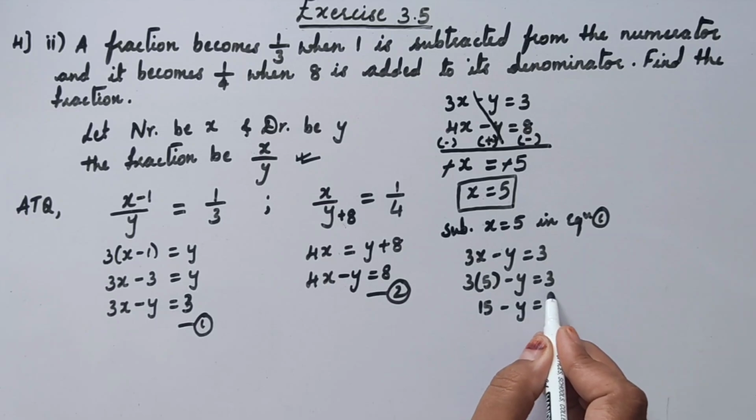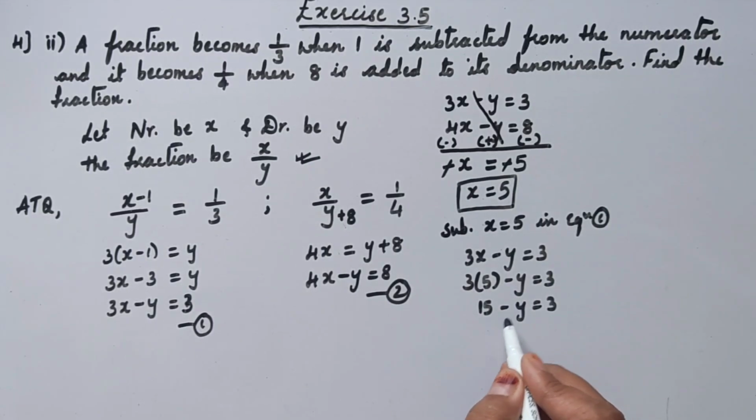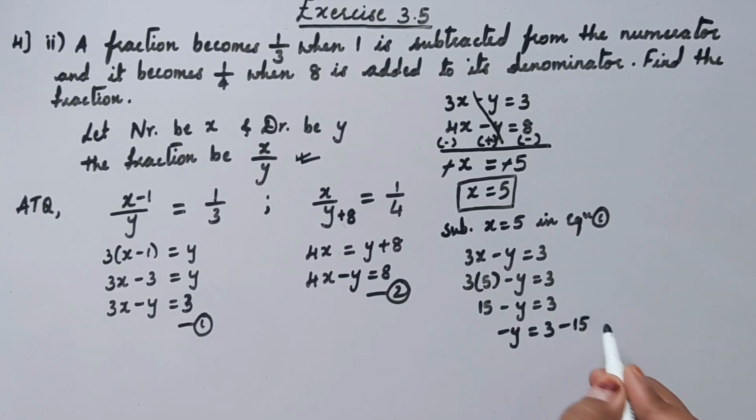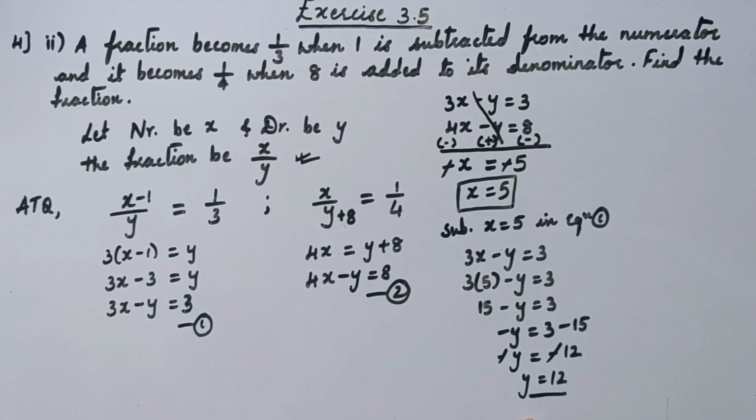You can shift this y to the other side so it is negative. Or else you can directly do one thing, keep this y as it is equal to 3, shift this 15 to the other side, it becomes minus 15, students. So minus y equal to minus, when you subtract these two you are going to get 12. The greater number's sign is minus, minus minus gets cancelled, I got the value of y equal to 12.